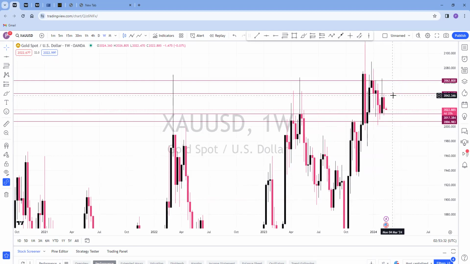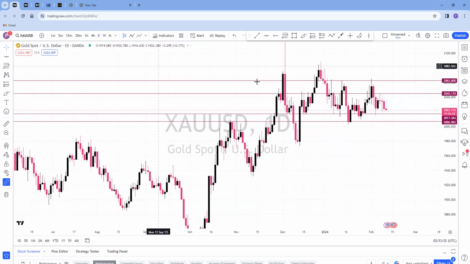All right. Also, if a candle closes below 2020, then rest assured that we are coming to 2010, 2006. All right. That's what is happening on weekly time frame.